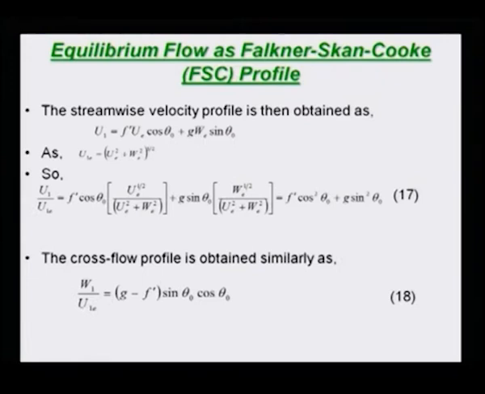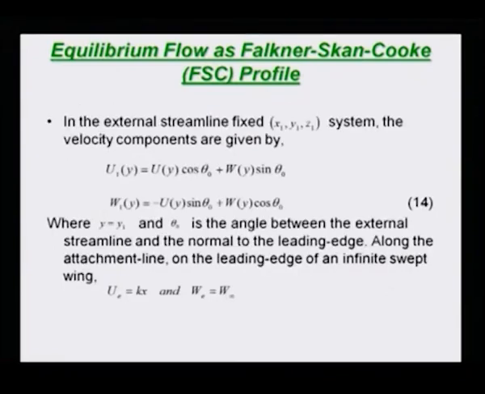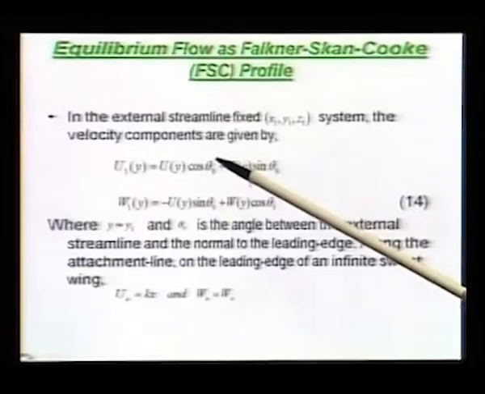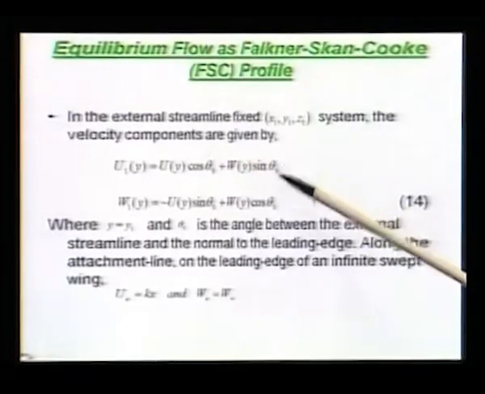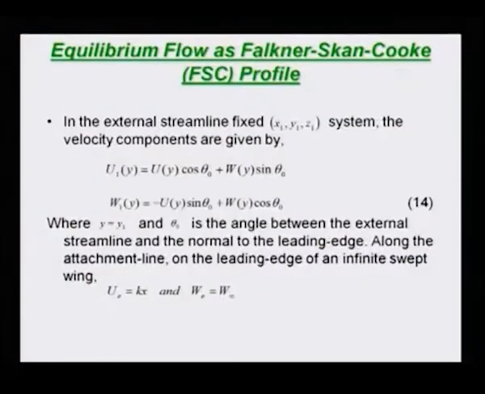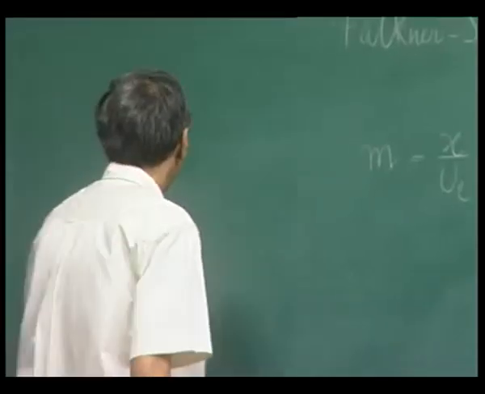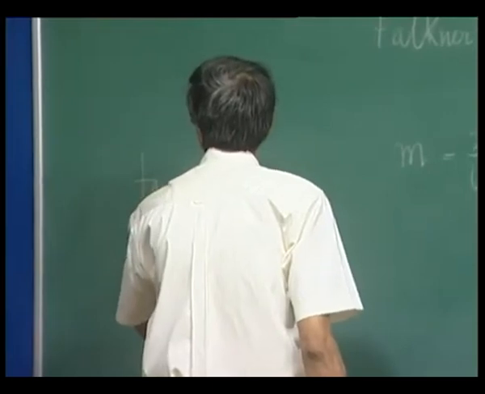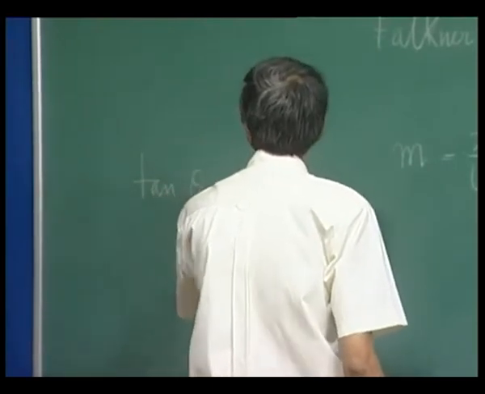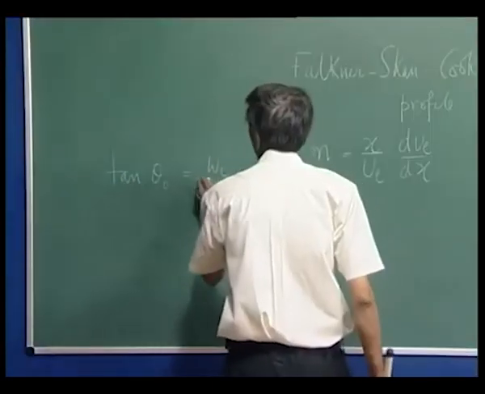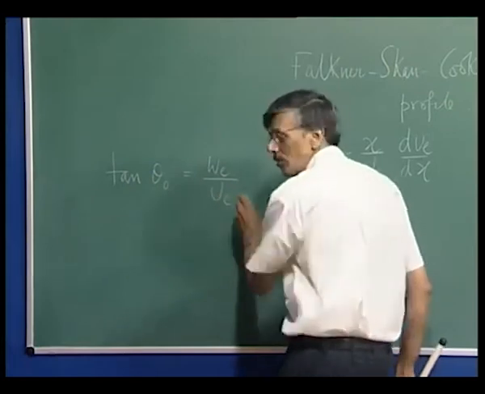So, we have written down that expression for U1. If you recall, let us go back there. If I know these two quantities, cos theta naught and sin theta naught, then we are done. What is it? We have already seen tan theta naught is WE by UE.